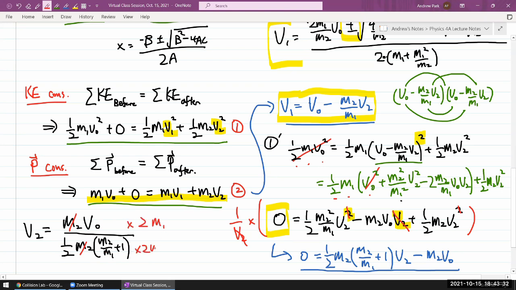I'm trying to get rid of nested fractions. And when you do that, you end up with 2 m1 v naught divided by, so 2 cancels that out, m1 distributing it in, I have 1 times m1, so m1, plus m2 over m1 times m1, so m2. This is my beautiful expression for v2.